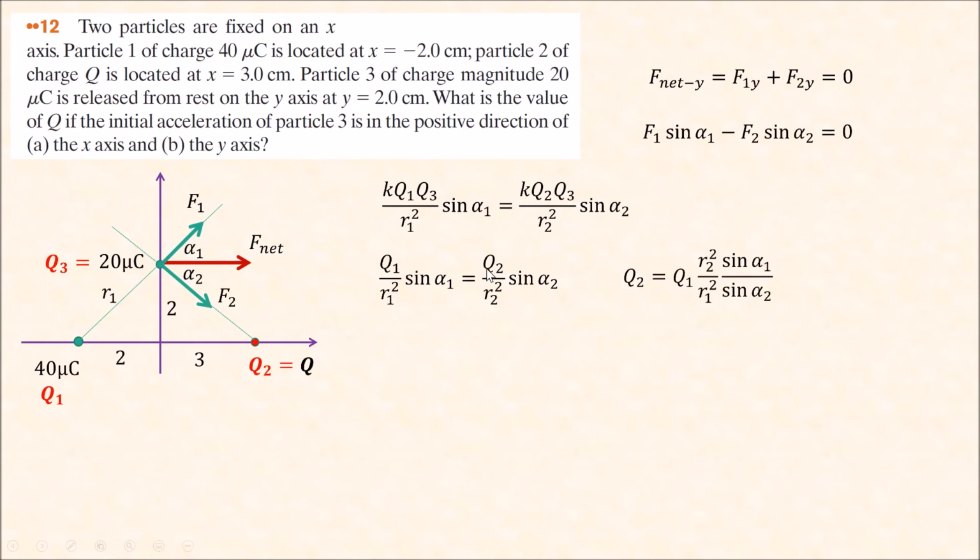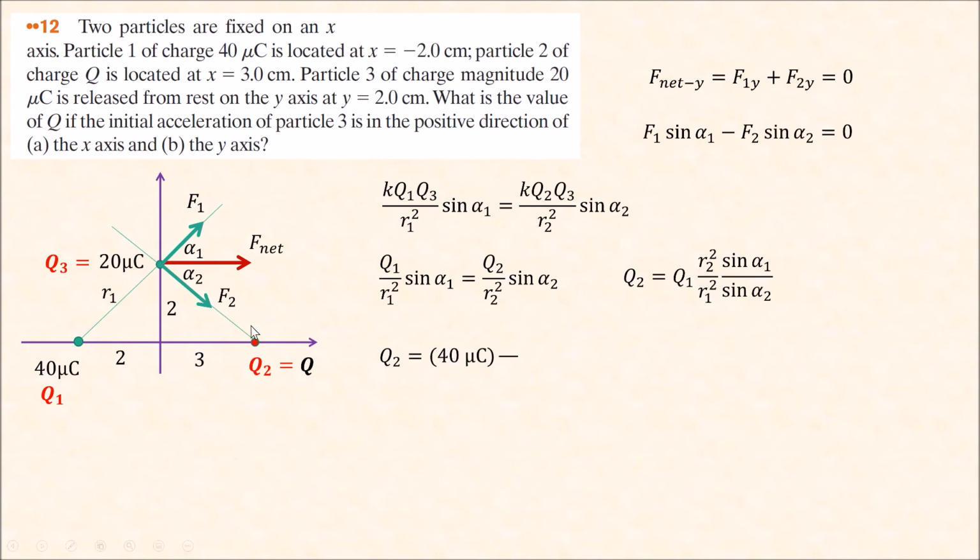q2 becomes q1 times r2 squared over r1 squared times sine alpha 1 over sine alpha 2. Solving this equation for q2. And now we have all these values. We can just enter the numbers right now. q1 is 40 microcoulomb, so we put that.